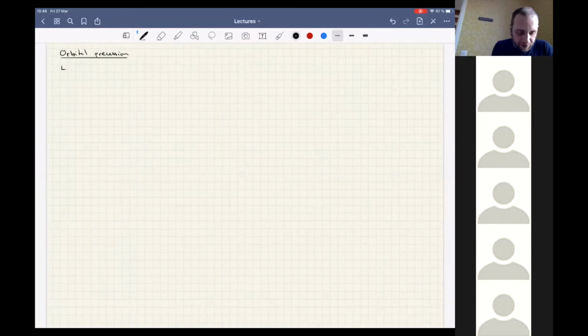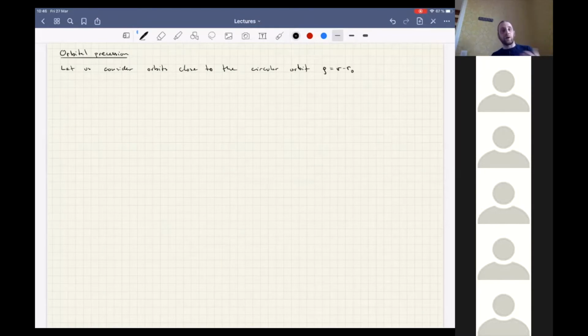So let us consider orbits close to the circular orbit. So I can write rho equal to r minus r0, where r0 is the position of the circular orbit.